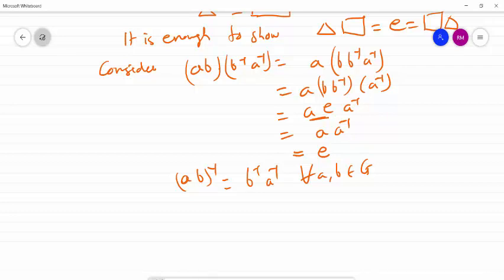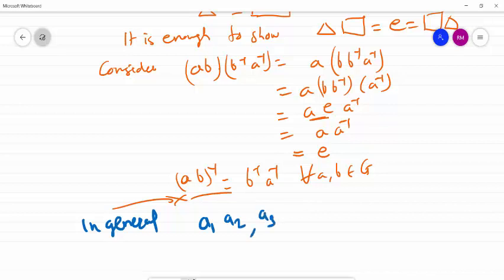We can generalize this result. In general, take A1, A2, A3, up to AN. If you take the product, these are elements and there is a product of all elements. These Ai belong to G. Their inverse is written as follows.